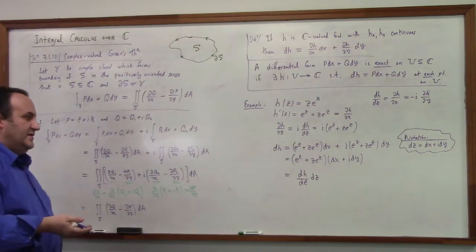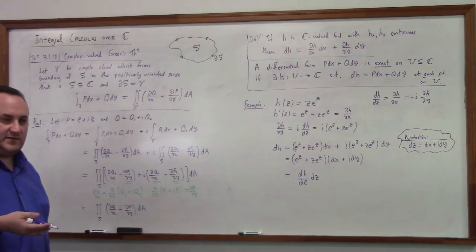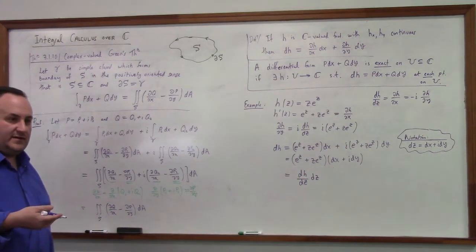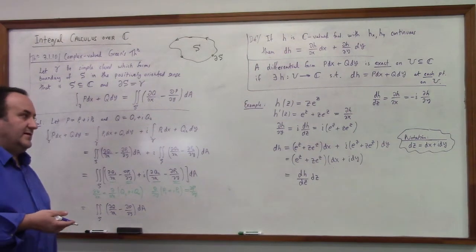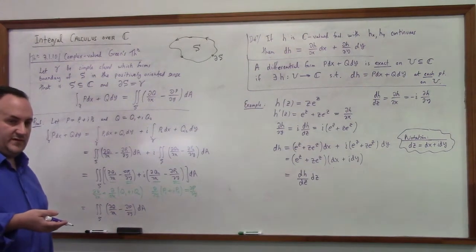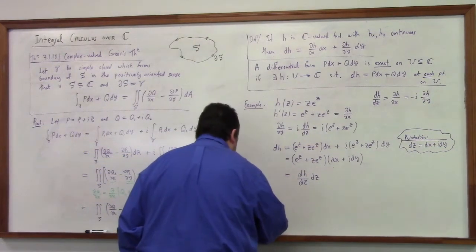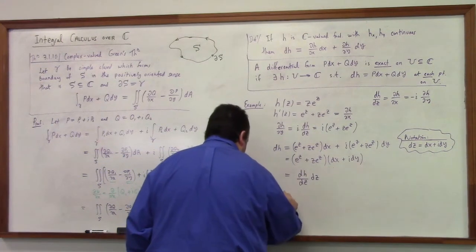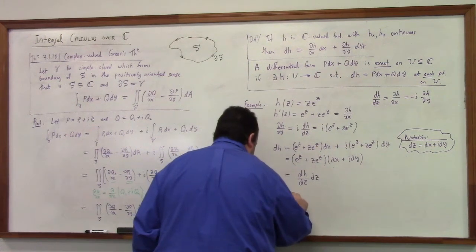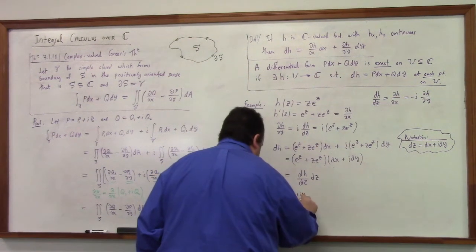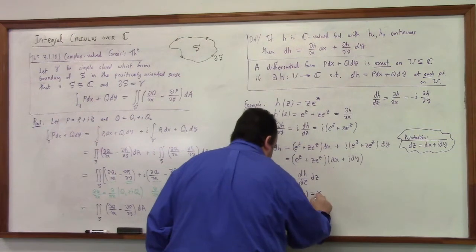Now, this kind of calculation only is possible if the function you're dealing with is, in fact, a holomorphic function. If you had h which was not a holomorphic function, right? For example, here's a much easier example. Suppose you had h of x plus iy equals x minus iy, right?